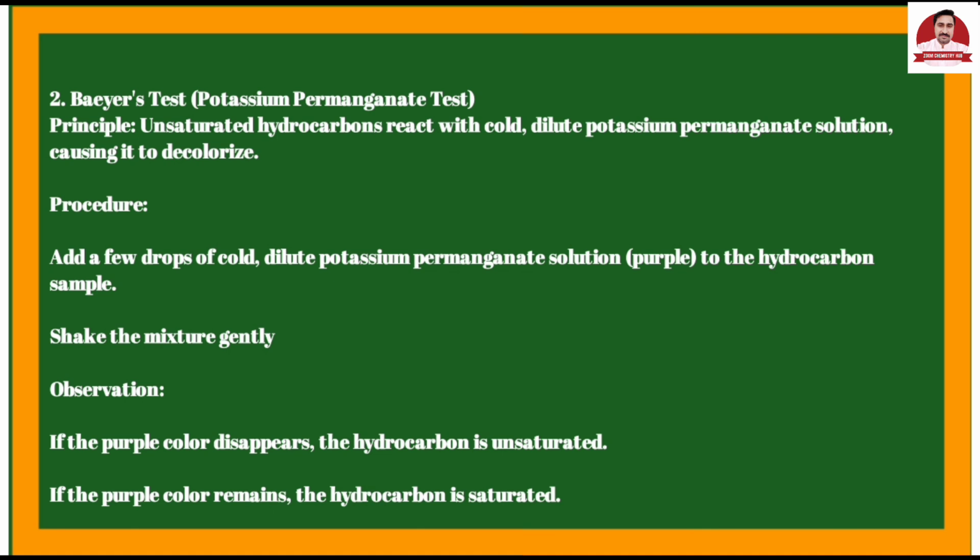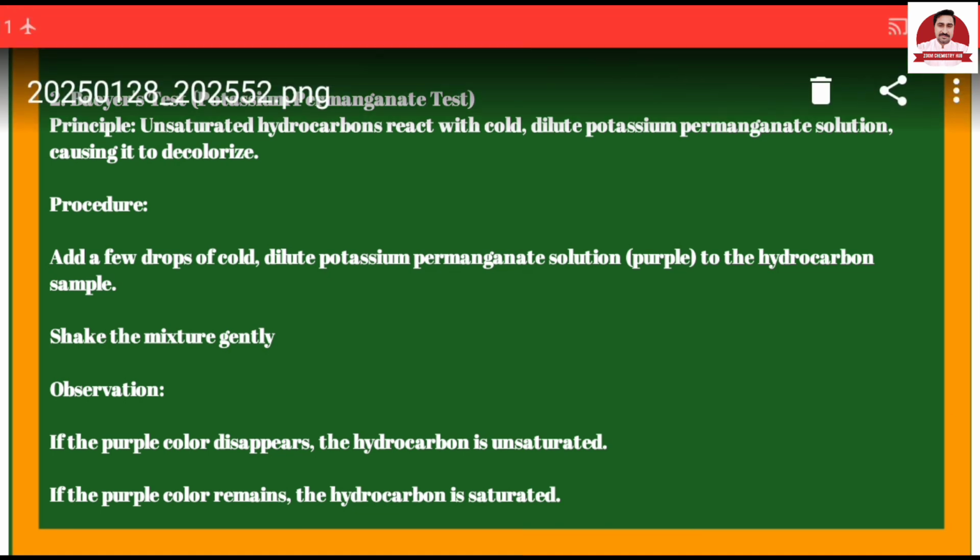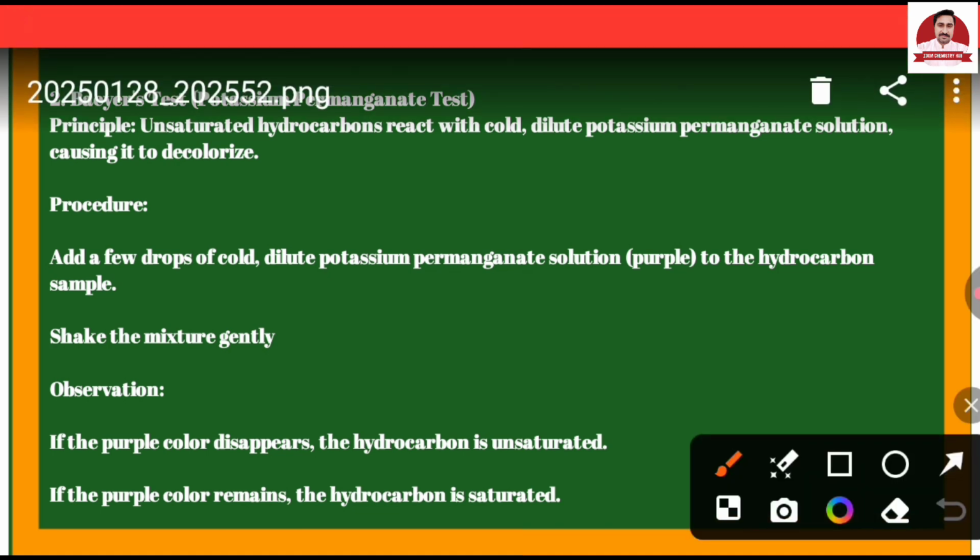In the Baeyer test, the unsaturated hydrocarbons react with cold dilute potassium permanganate solution, causing it to decolorize. Here you can see that the color of potassium permanganate is purple, and this purple color is decolorized by the ethene having a double bond.